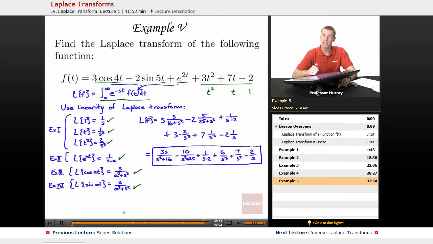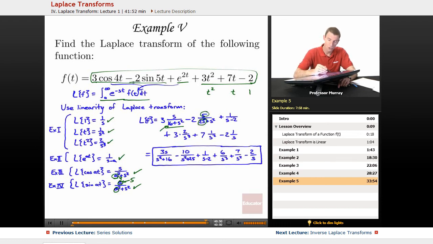So what I did was I took each of those functions and just plugged them back in here and then attached the right coefficients. So 3 times the transform of cosine of 4t. Well, my a here was 4, so that's where I got that 16 plus s squared. For sine, my a was 5, so that's where I got that 5 and that 25.